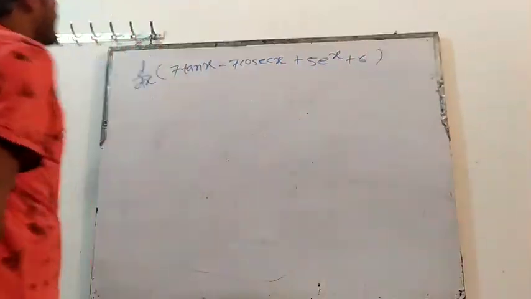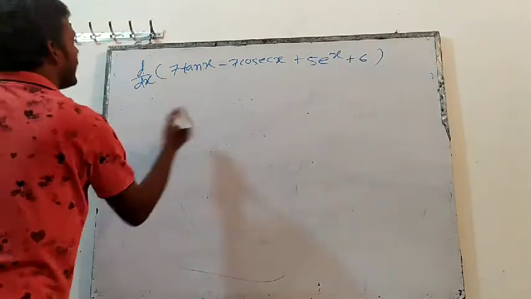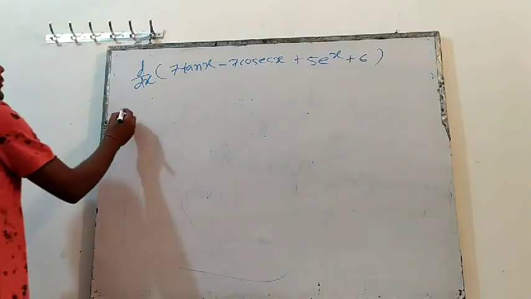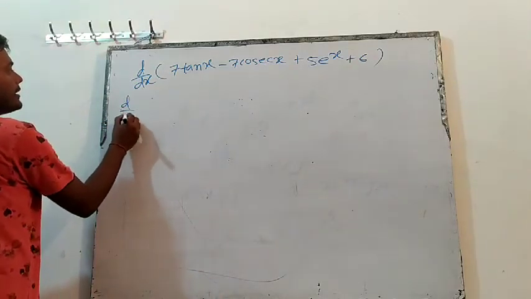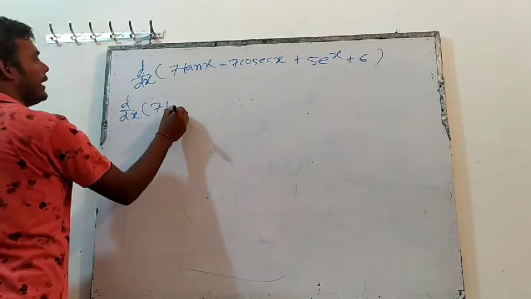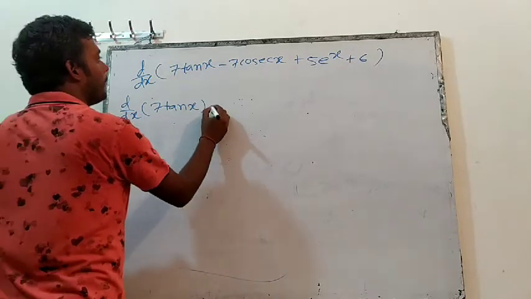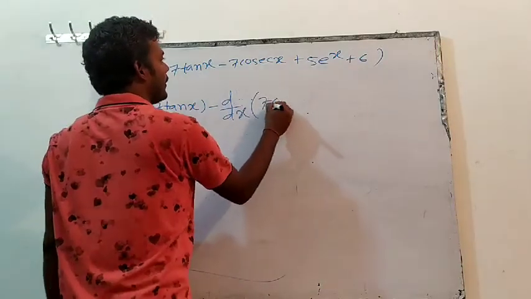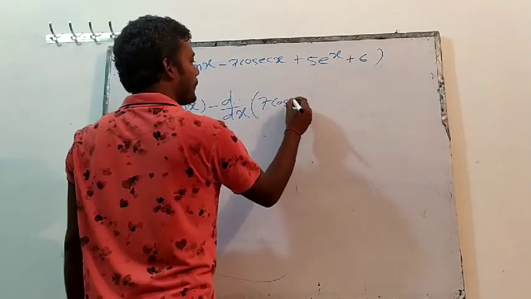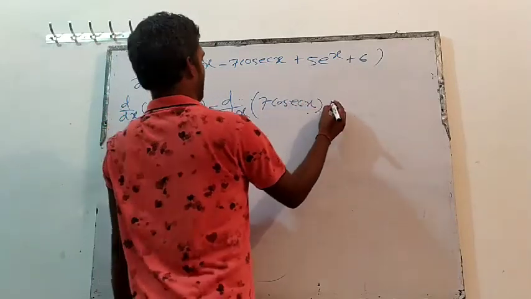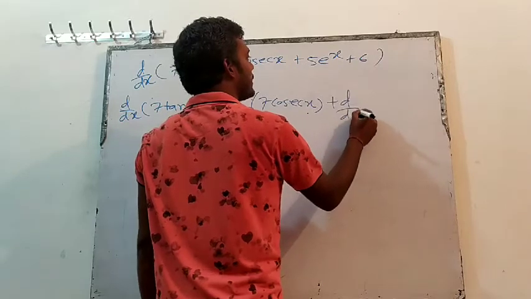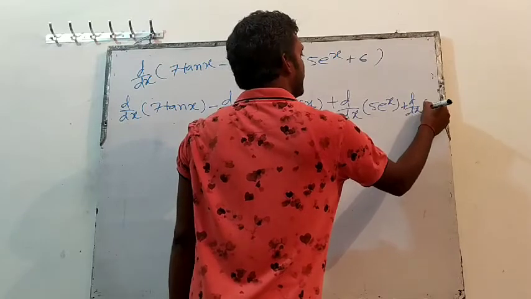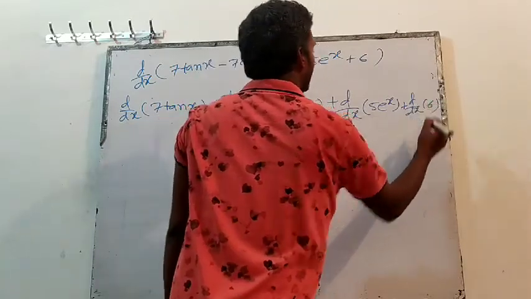You have to differentiate this thing. So what we will do? We will separate it. We will add differentiation of 7 tan x, minus differentiation of 7 cosec x, plus differentiation of 5 e to the power x, plus differentiation of 6. So we will differentiate each and every term individually.